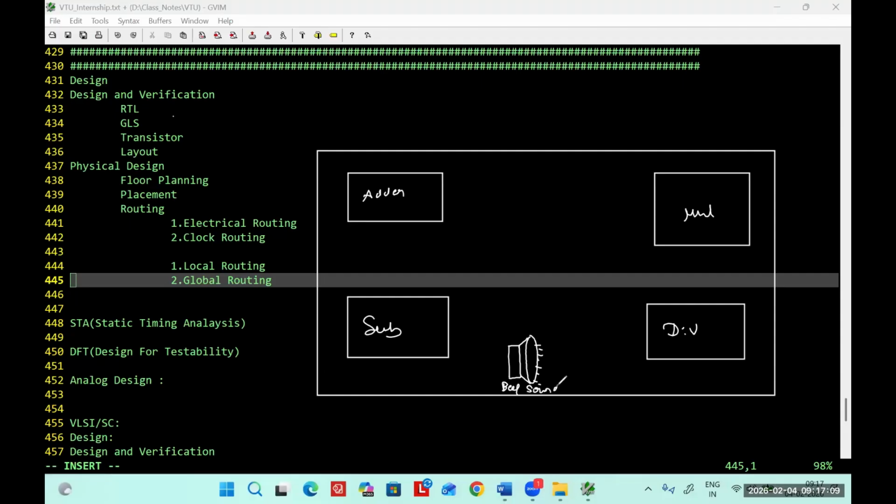Now there may be one red LED light. Addition, subtraction, multiplication, and division all come under what? RTL design. Your loudspeaker and your light will come under what? Analog design.